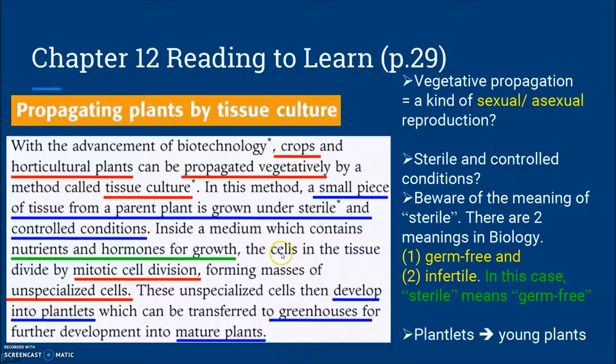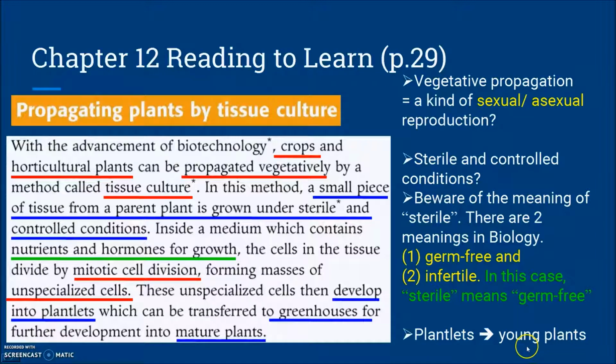And then the cells undergo mitotic cell division and form a mass of unspecialized cells. Unspecialized cells means there is no cell differentiation at all, only cell division: 1 to 2, 2 to 4, 4 to 8. And then the unspecialized cells can develop into a small plant, the plantlet.